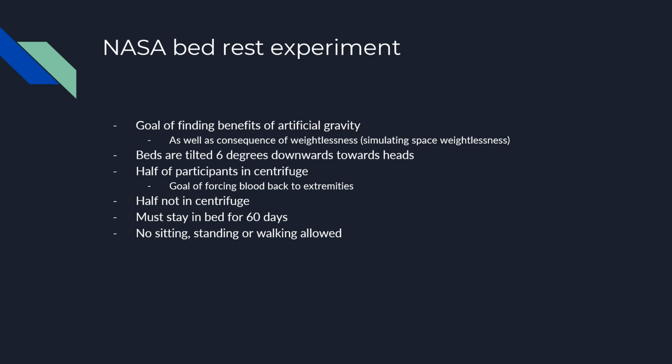And the idea is that the centrifuge will force the blood away from your head and back into your extremities. Some rules, though, for participants is that they have to stay in the bed for 60 days and they aren't allowed to either sit, stand, or even walk. So just consider that before signing up for this experiment.